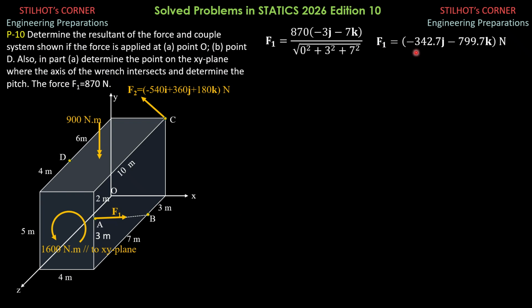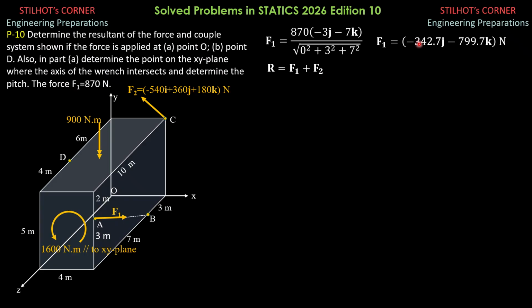We then put this F1 either at A or at B. For simplicity, I'll put it at B and apply the scalar approach in computing moment. The resultant, which is F1 plus F2, can now be obtained.